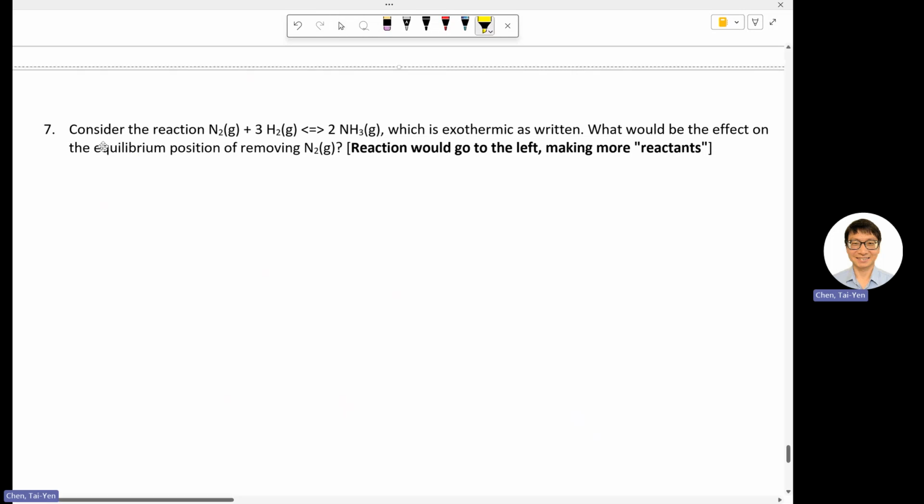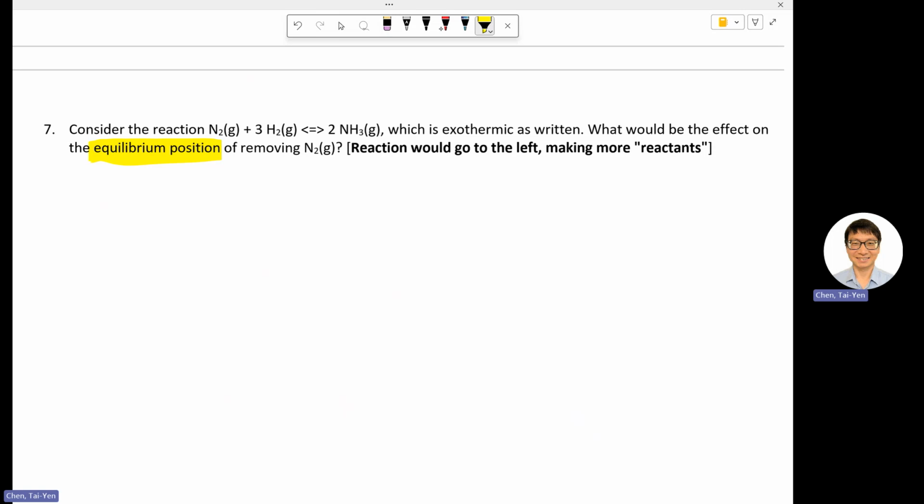This is a keyword. Equilibrium position: once you see this keyword, it's 100% the Le Chatelier principle. The only 3 things relevant are concentration, pressure, and temperature.